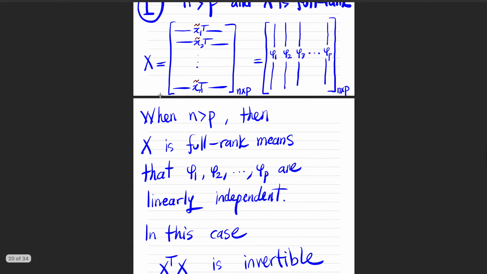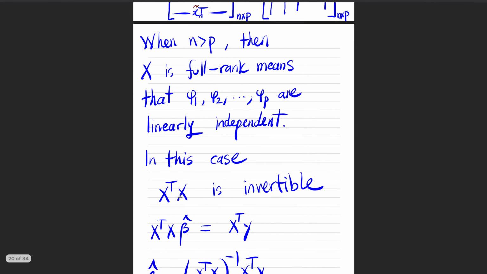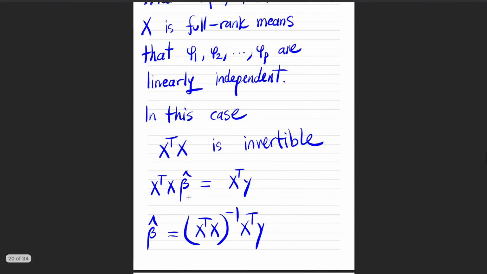And if the columns of x are linearly independent, then x transpose x is invertible, and we can just multiply the inverse of x transpose x on both sides, so we have x transpose x inverse times x transpose y. And this is your beta hat. So when you run linear regression in any software, this is what the software does. It creates this x, calculates this matrix inverse, and multiplies it by this observation. This is beta hat.